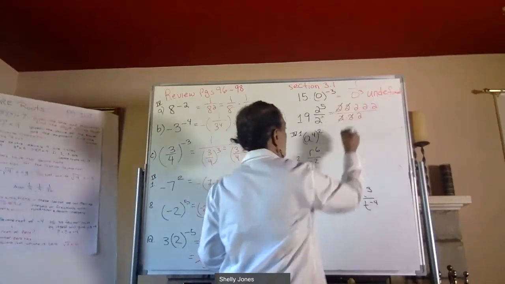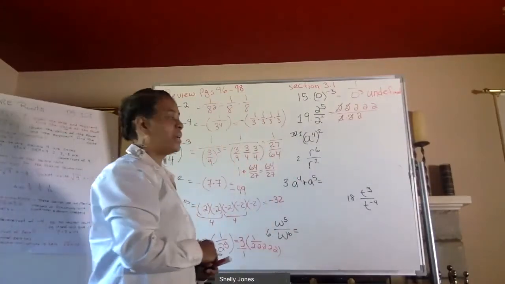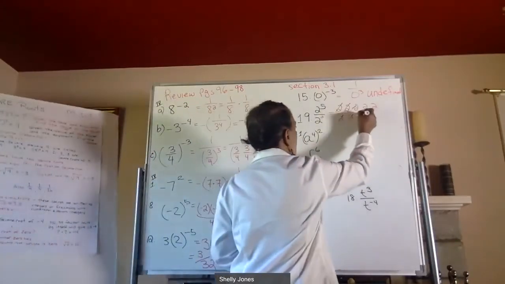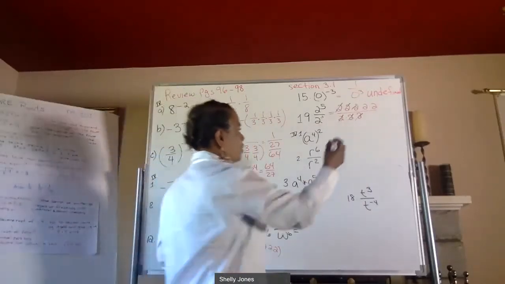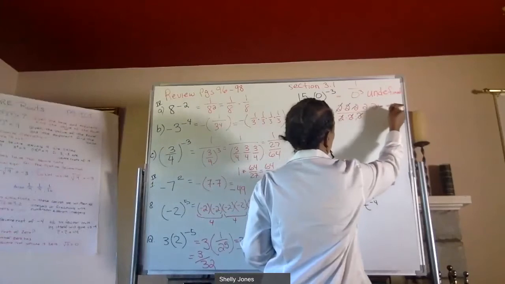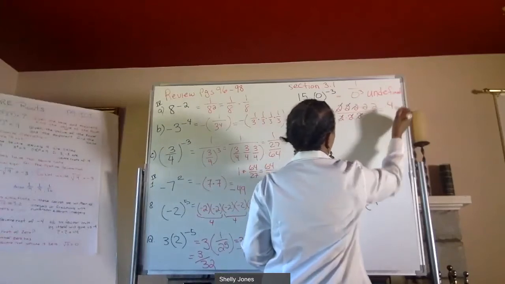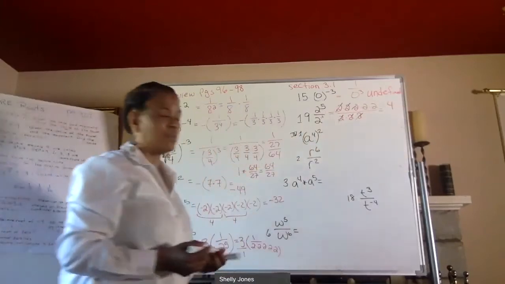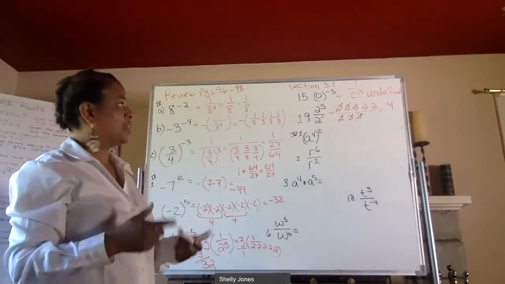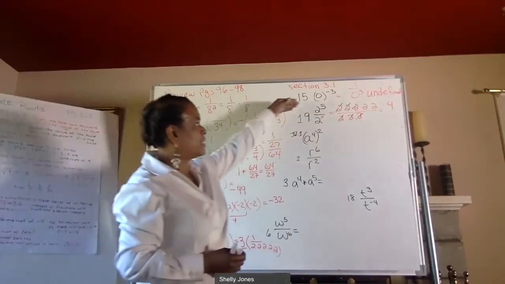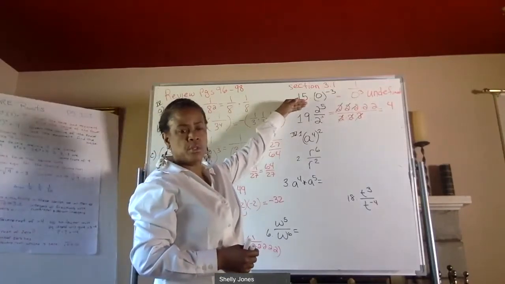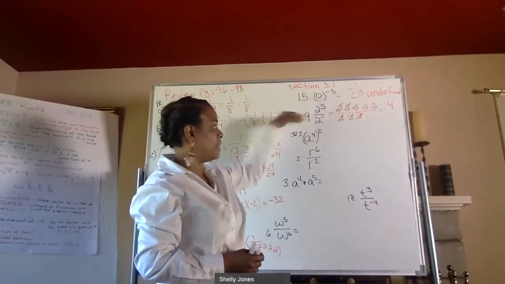Again, I can cancel out that common factor of 2, and then one more common factor of 2. And so I end up with 2 2's in the numerator, so 2 times 2 is 4, or 2 squared, which is equal to 4. And that makes sense because I had more 2's in the numerator than in the denominator.